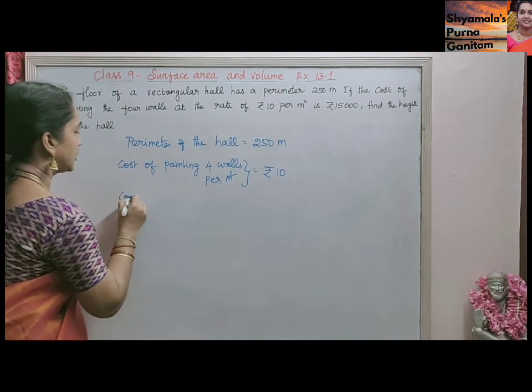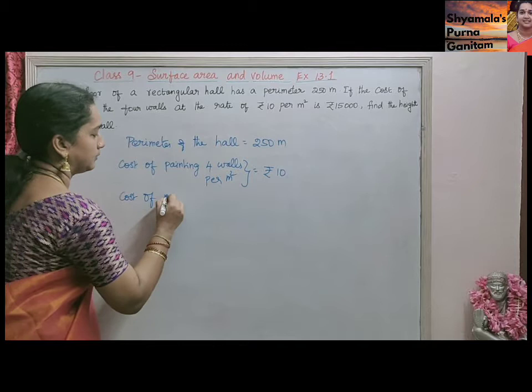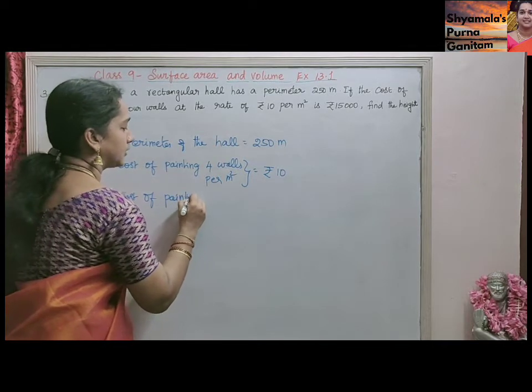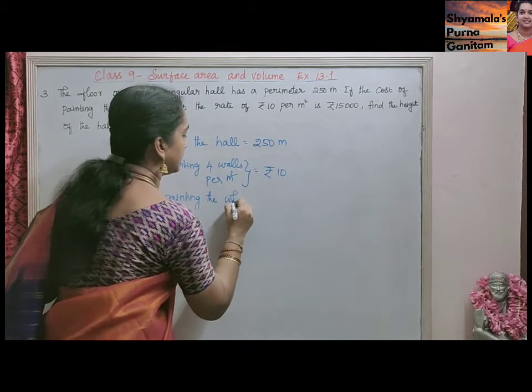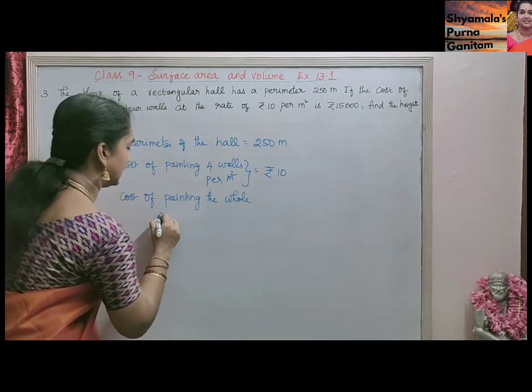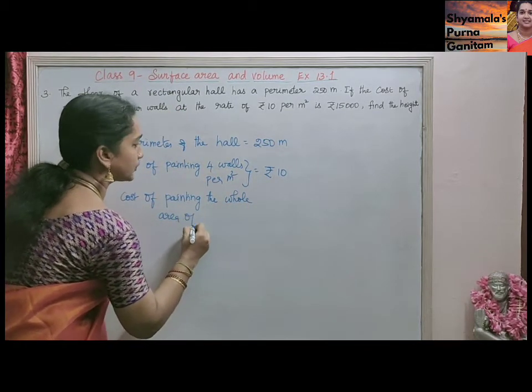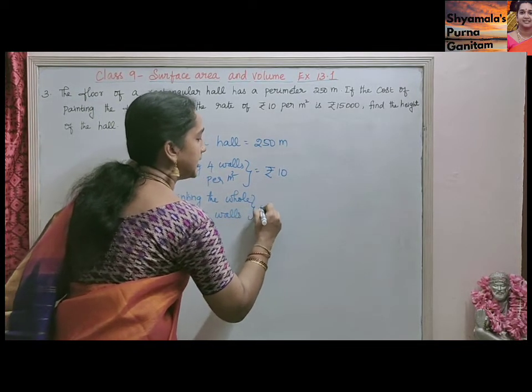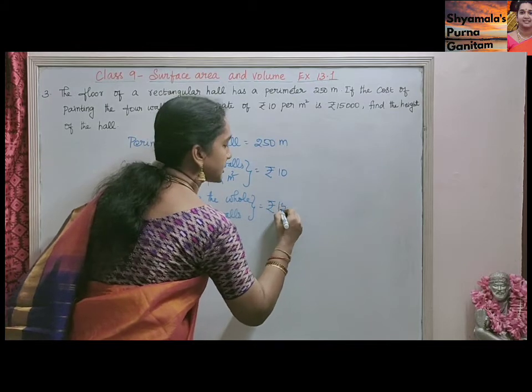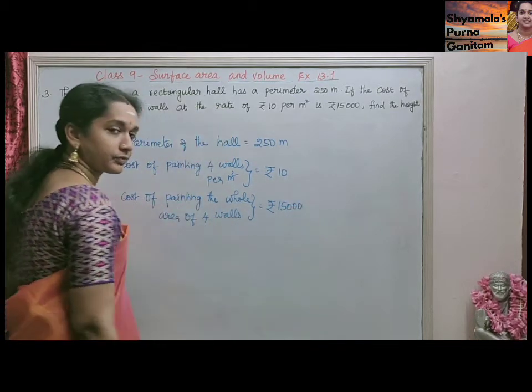So, cost of painting the whole area of 4 walls is equal to rupees 15,000.